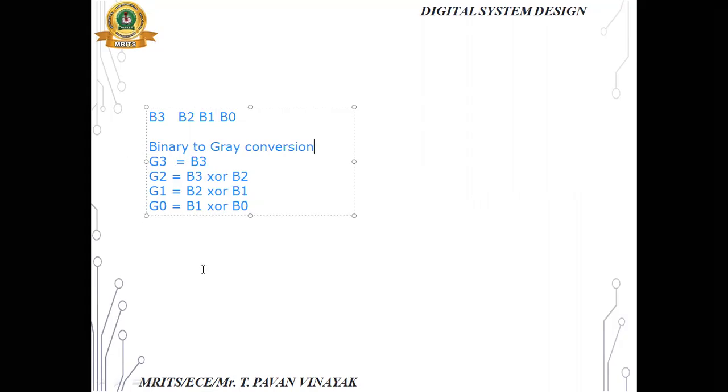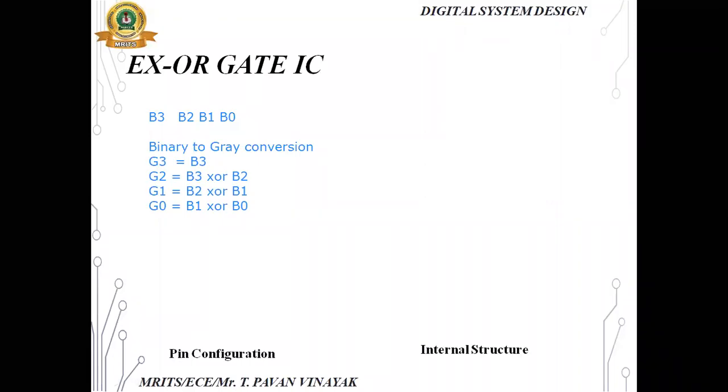We have to draw the circuit. How is the circuit drawn? Let us see. I will show by drawing. So for G3, input is B3 and output is G3.